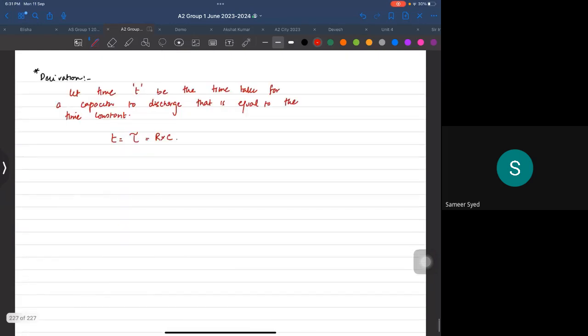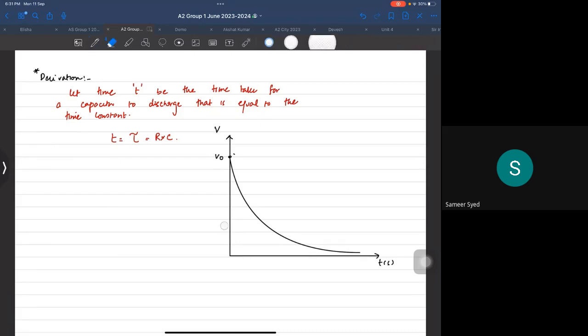Now see this. If I draw the graph of this, you can draw any graph, voltage versus time or current versus time or charge, it doesn't matter. The graph basically looks like this. If this is V naught, at a certain voltage, let's suppose this is that voltage V, at this voltage we're saying that time is equal to the time constant.